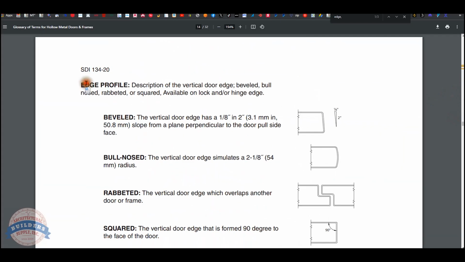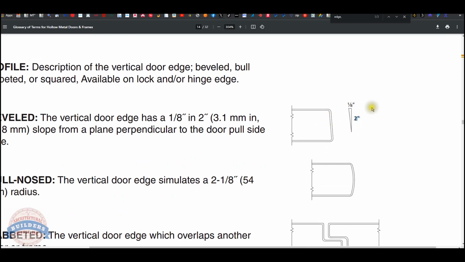Yeah, here it is, edge profile, beveled. The vertical door has a 1/8 in 2 slope from a plane perpendicular to the door pull side face. Okay, so what they're showing us here is 1/8 in 2, and that's really the definition.